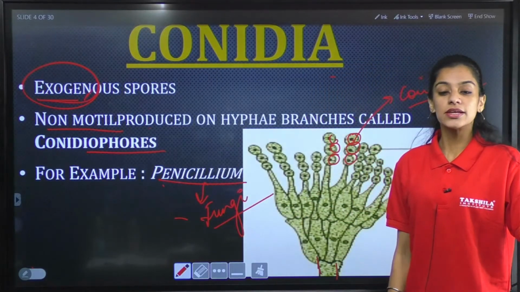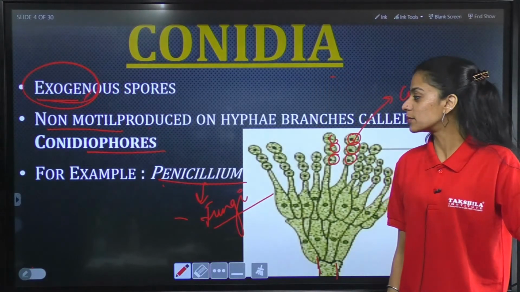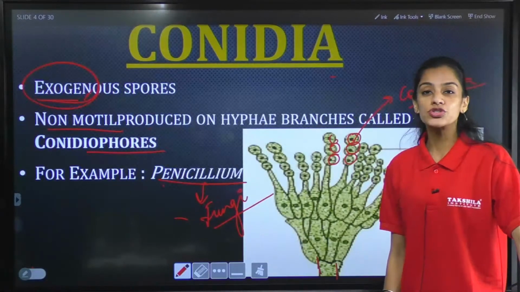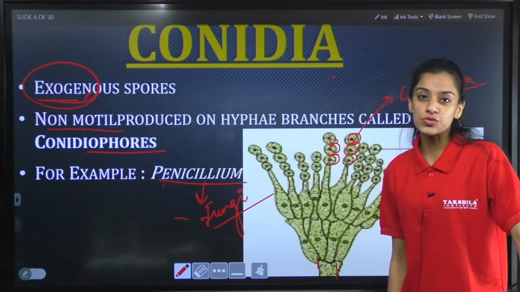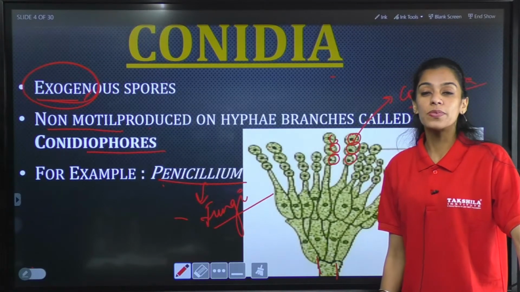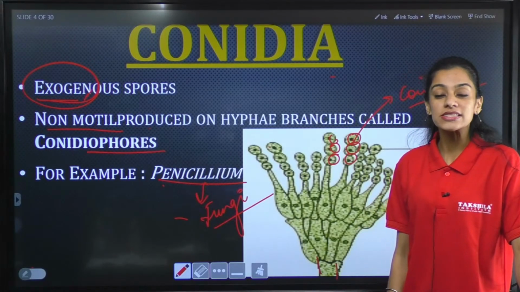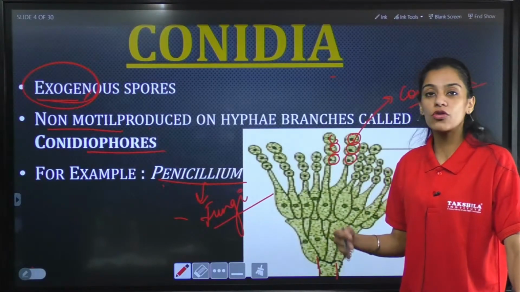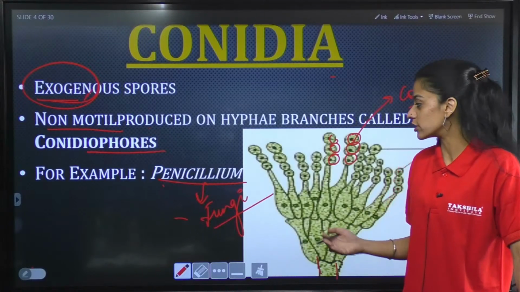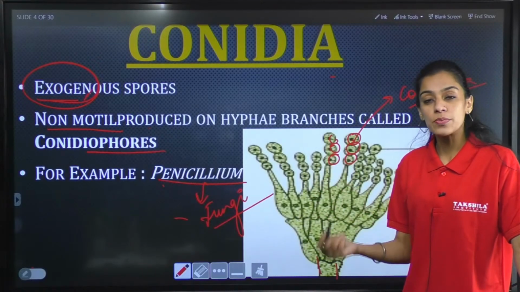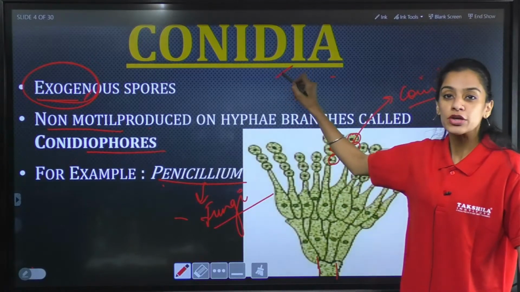Penicillium is a fungus from which you obtain an antibiotic known as penicillin. So penicillin is the name of the antibiotic, and penicillium is the example of a fungus from where it is usually obtained, and it reproduces with the help of Conidia.